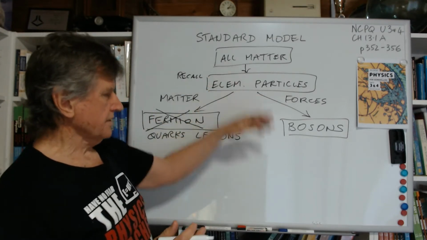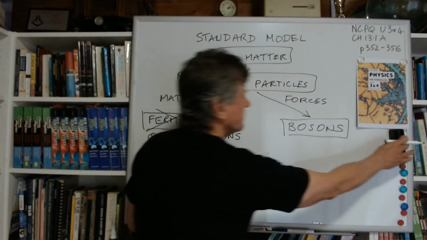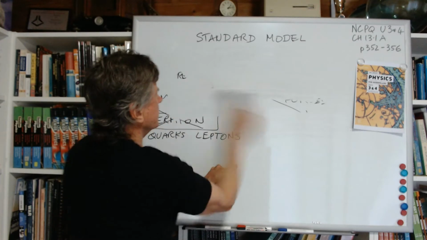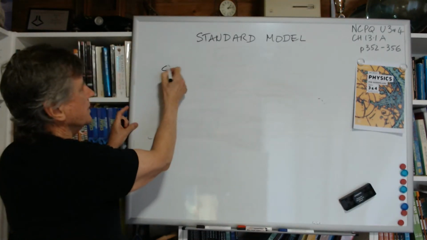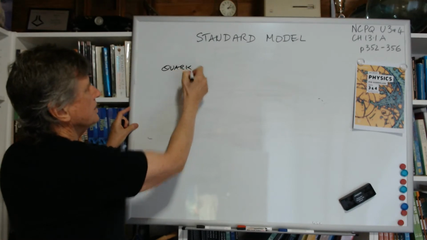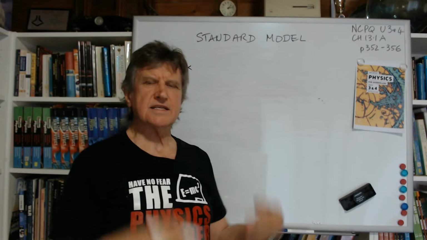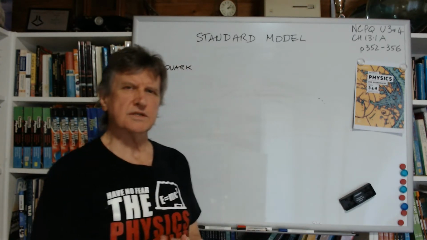Okay, I'm going to rub this off so I can make room for quarks, and then we'll talk about these quarks. Okay, let's get rid of some of this. And now, what you have to know are the 6 types of quarks. Now the syllabus says recall the 6 quarks.